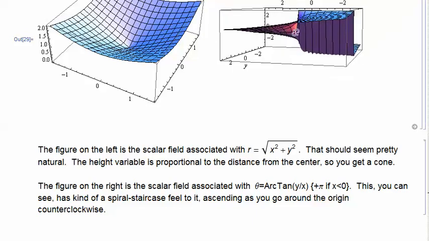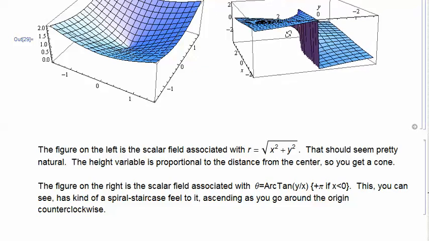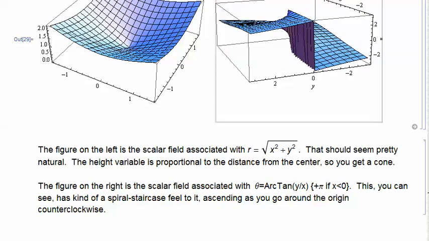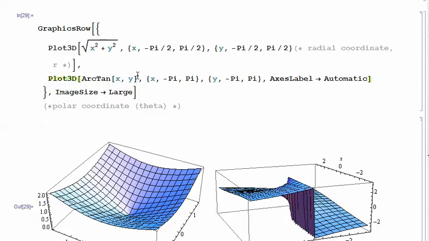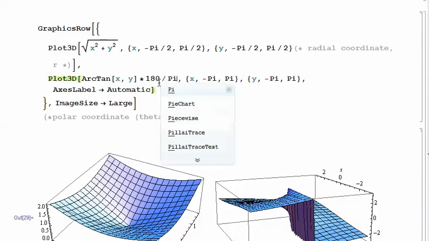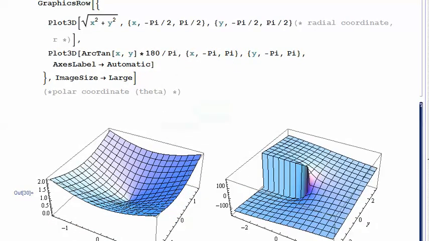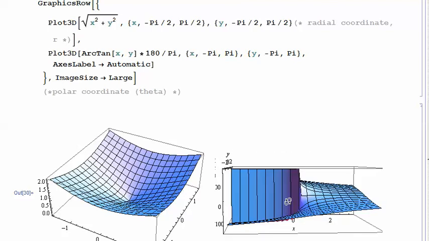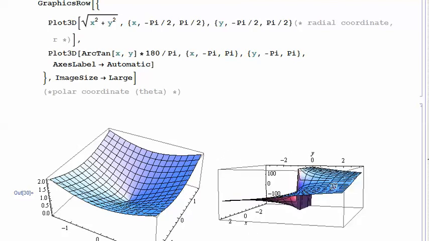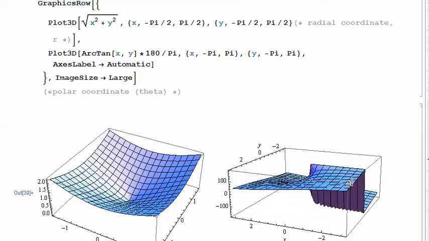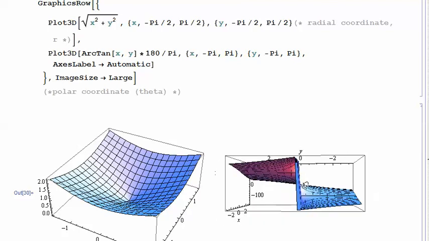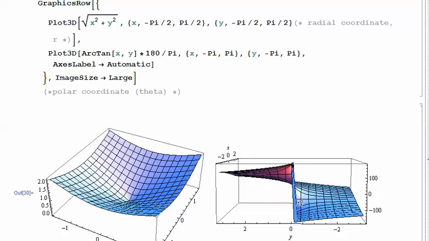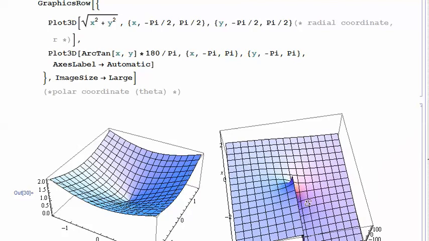Of course, if I change the variable to degrees by multiplying by 180 divided by pi, then it would start at minus 180 degrees and go up to positive 180 degrees up here, and that is at x equals negative 2.